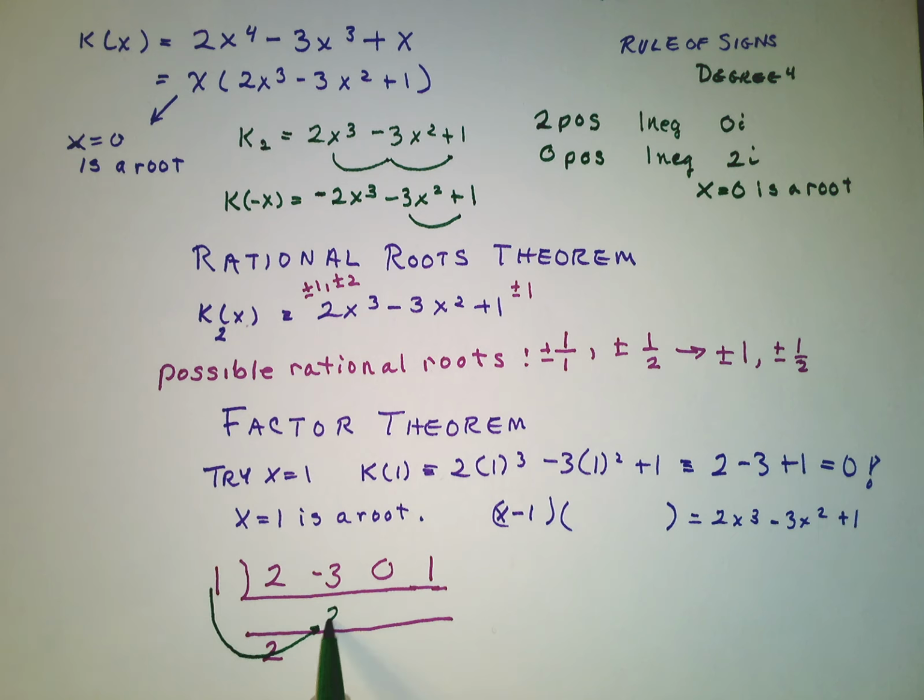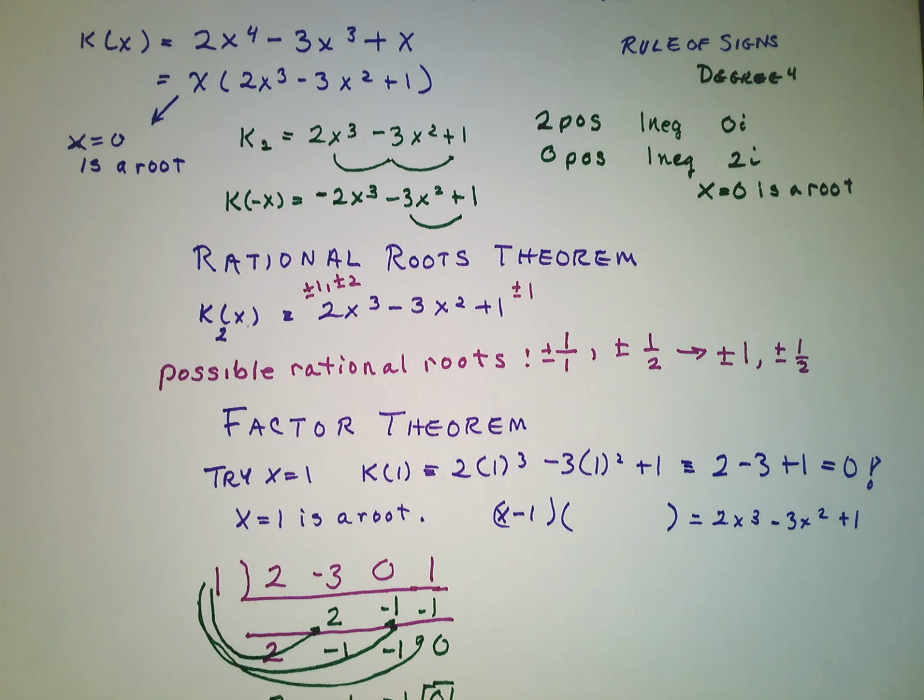So we have 1 times 2, and then we add -3 and 2. And then we take 1 times the -1, add 0 and -1. And then we take 1 times another -1, and we get a 0. Well, the 0 is remainder, which it had better be because we said that 1 was a factor or root.